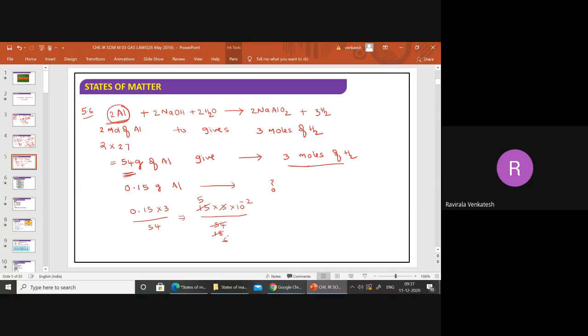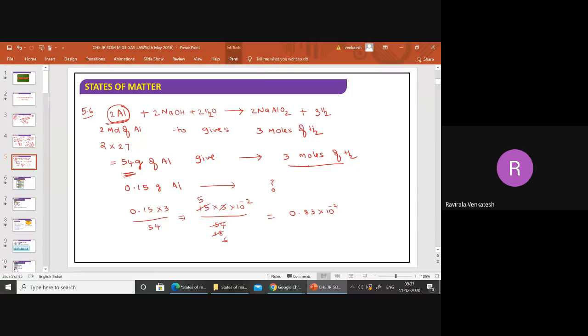5 by 6 means what? Exactly, 5 by 6 is equal to 0.83, beta. 0.83 into 10 to the power of minus 2 moles.